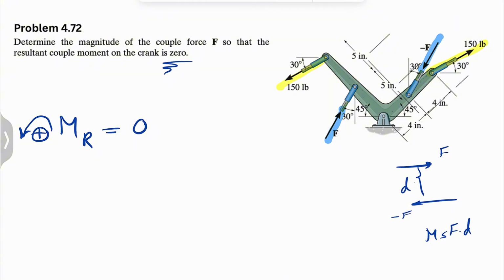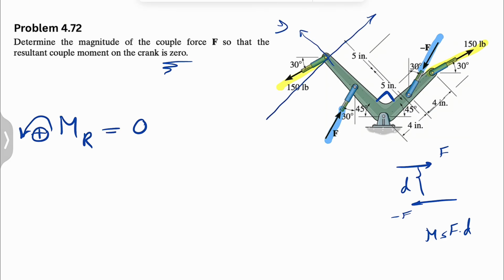Alright, the only thing that we need to do now is to find the distance d for each of them, which was the vertical distance for each of them. But because finding this vertical distance in each of these cases is not as easy as we think, what we can do, we can basically find axes. Because the crank makes a right angle, we can make axes in these directions.